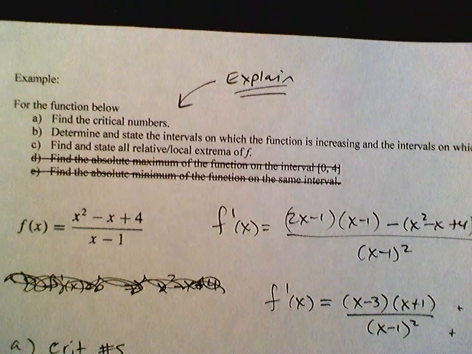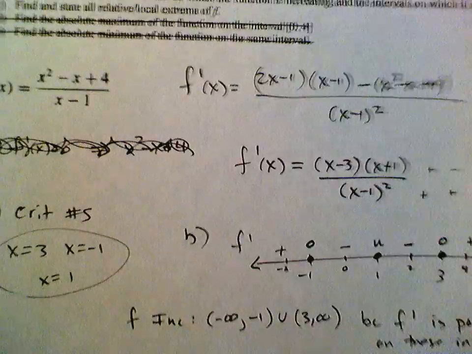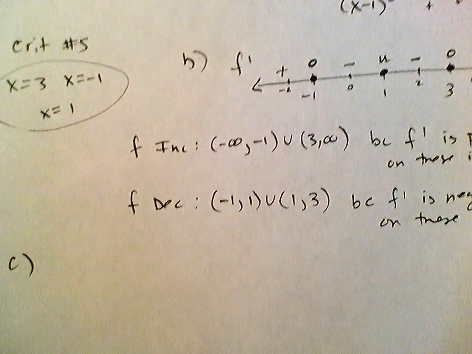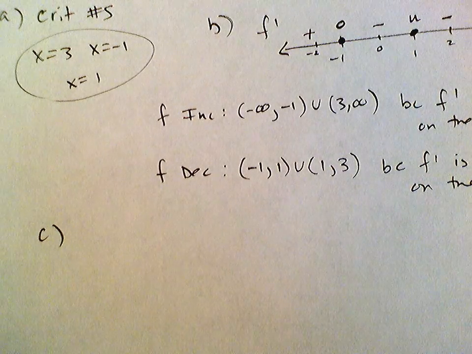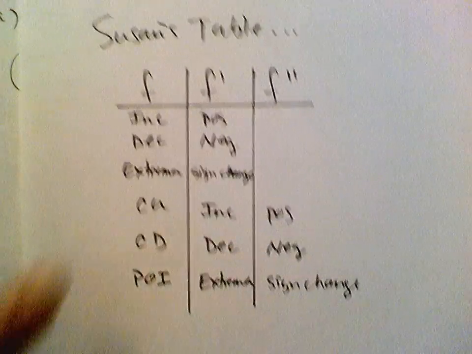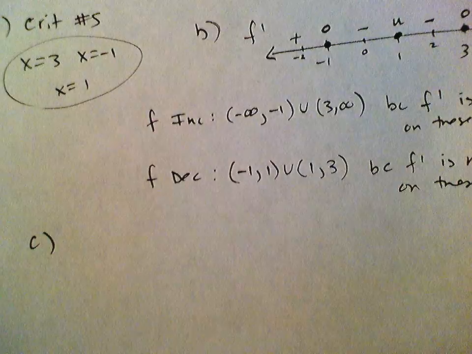Part C. Find and state the relative extrema of f. Okay, so relative extrema, and I'm not asking you whether they're maxes or mins, but in our answer, let's say that. Okay, so we know that we've got extrema of f when f prime has a sign change.